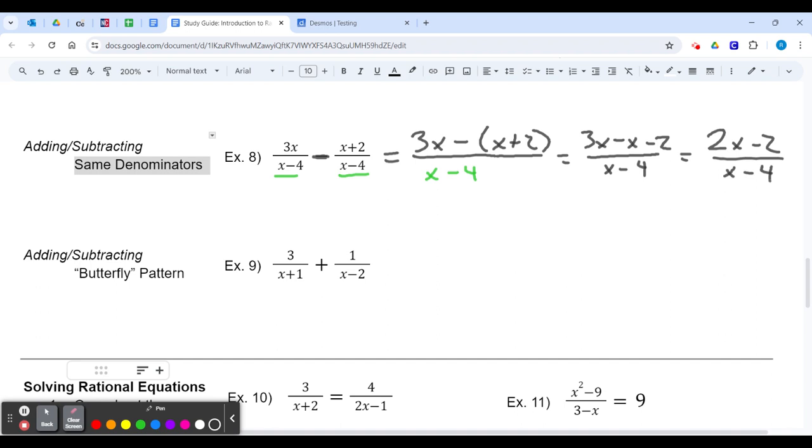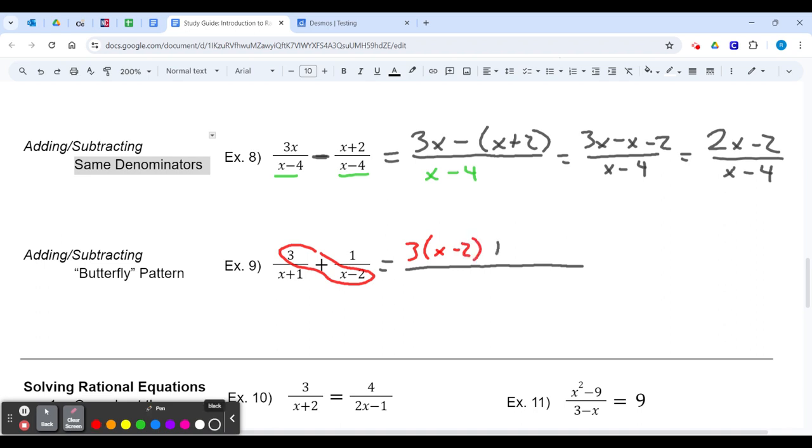If the denominators are different, notice how we have x plus 1 and x minus 2 here. We are going to use that quote-unquote butterfly pattern in order to set up our problem. So I'm going to make this a little bit wider this time because I know it's going to take me a little bit of room. I can start by doing that cross multiply up top. We have 3 times x minus 2 up top.